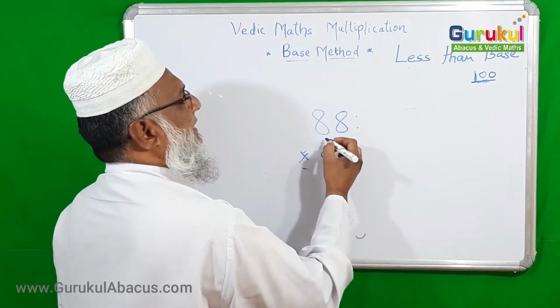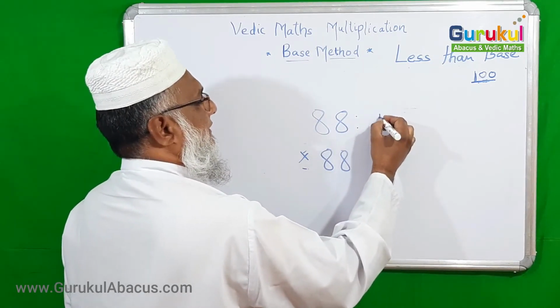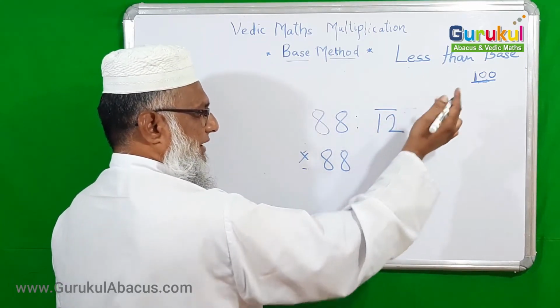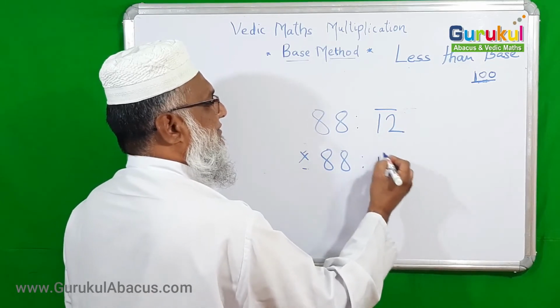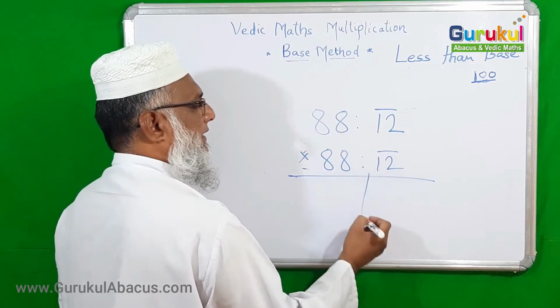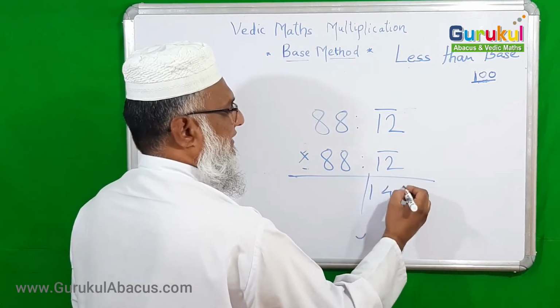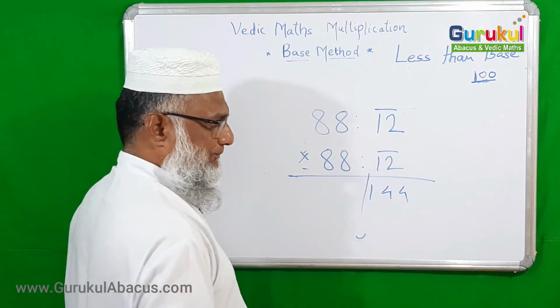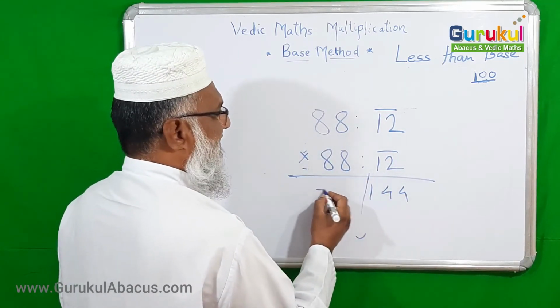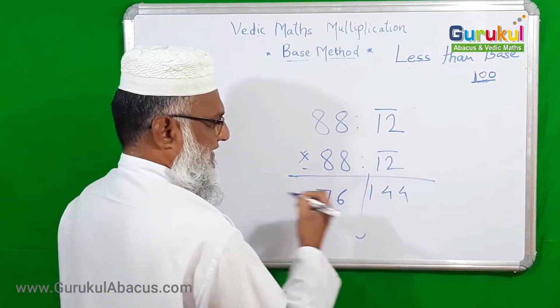Okay, here this number is less than 12 by base. This one is also less than 12 by base. Multiplying 12 into 12, the answer is coming 144. Now 88 minus 12 is 76.